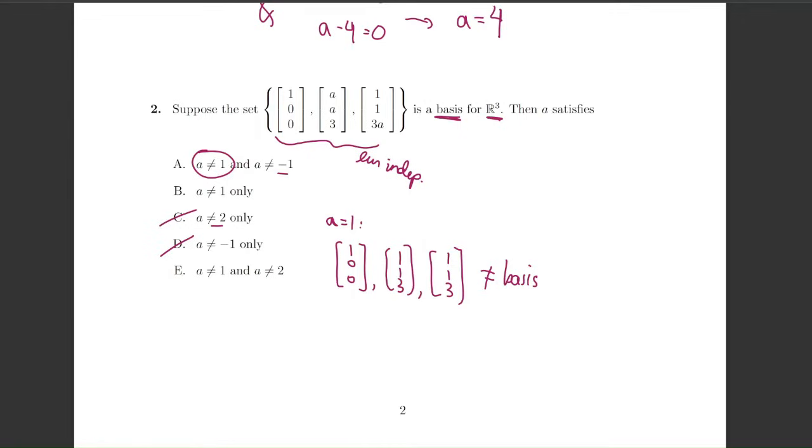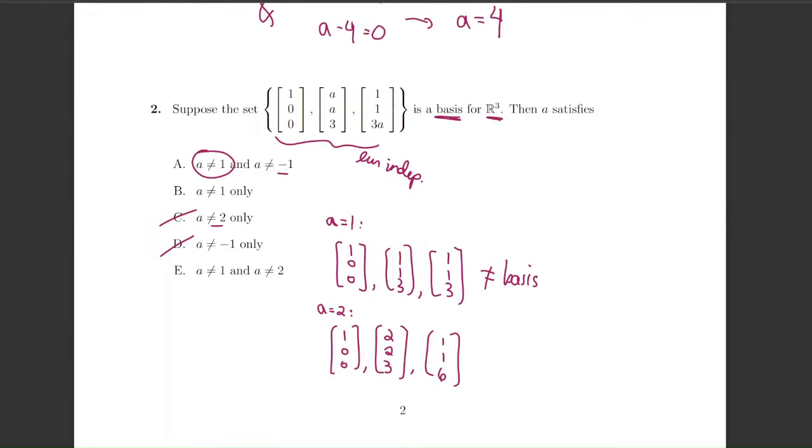Then, for example, we can also plug in a equals 2 and do 1, 0, 0. That gives us 2, 2, 3. And then 1, 1, wait, no, 1, 1, 6.